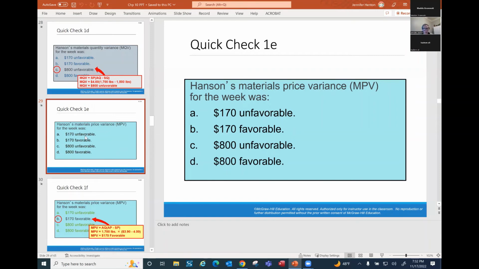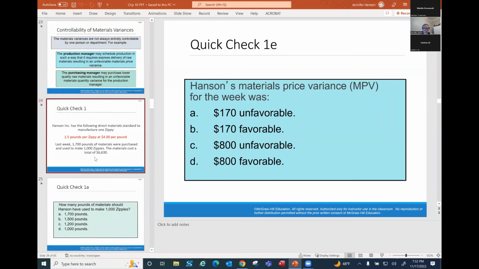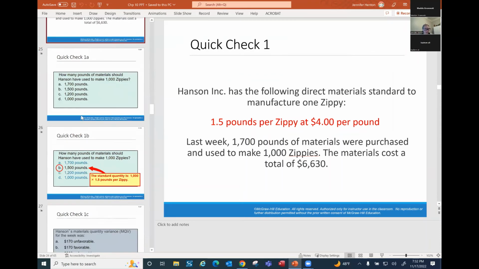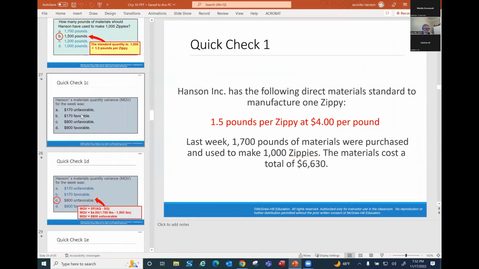So we take the total $66.30 and divide that by what we purchased, 1,700. That's going to give me $3.90. Well, $3.90 is my actual. $4 is what I was having as my standard price. So there's a difference there of 10 cents.